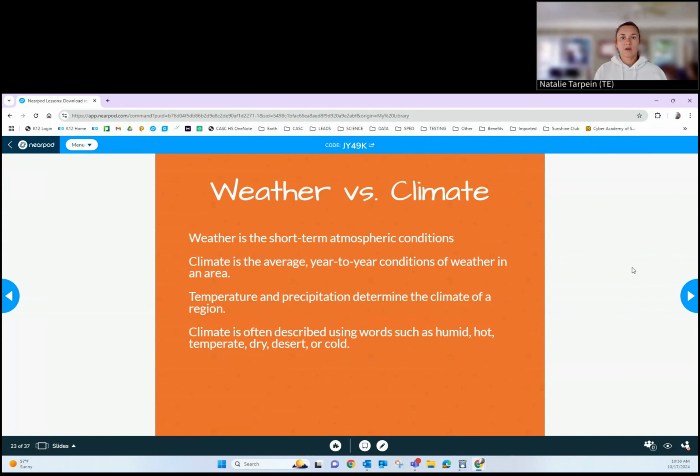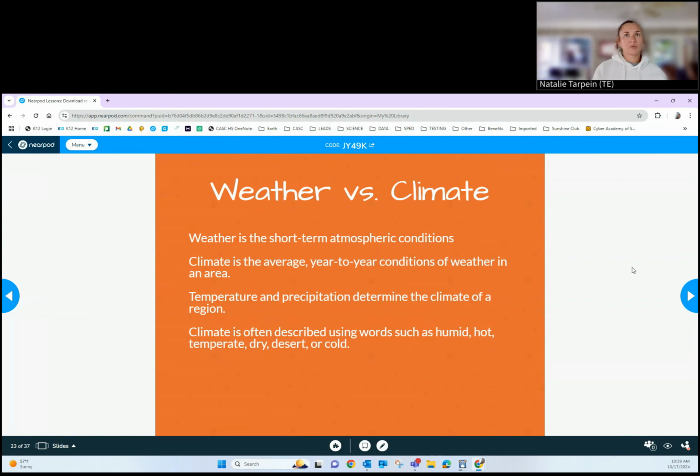So that's the weather in comparison to the climate of an area. We're looking at the more long-term conditions. So I could say the climate of Summerville, South Carolina, in general, is mild temperatures. I could give a range, like average between 50 to 75 degrees Fahrenheit over the whole course of a year.